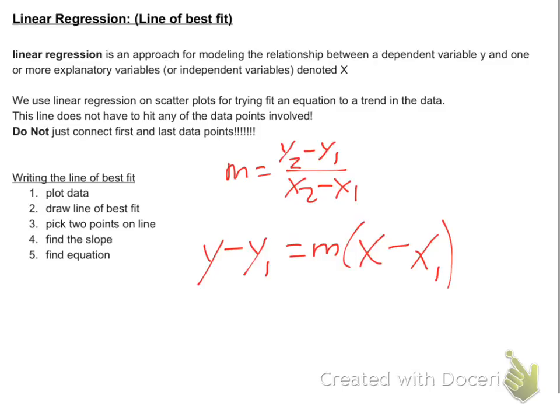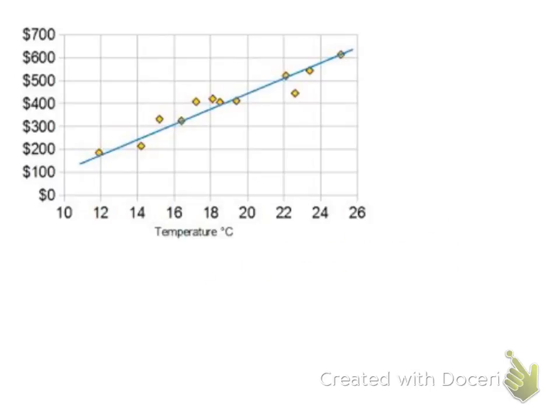Are we ready? Let's take a look at a couple different graphs here. We're going to actually find the line of best fit on one of them. The first one here, I have the temperature in degrees Celsius and amount of money earned for something. Since they're yellow dots, let's talk about lemonade. The hotter it is, the more lemonade we're going to sell.